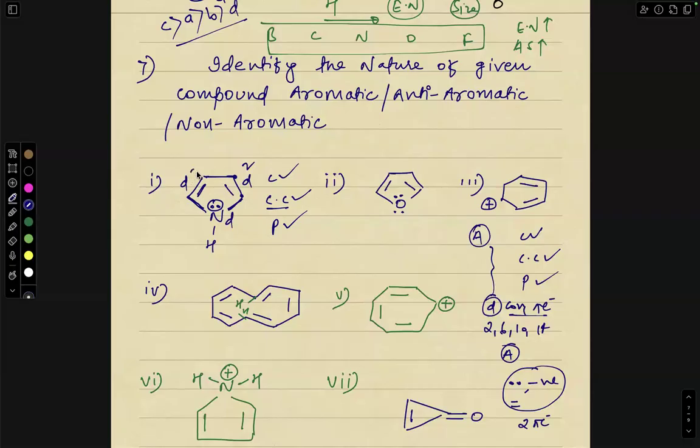So 2, 2, 2. We have 6 conjugated or delocalized pi electrons. And I told you whenever the number is 2, 6, 10, and 14, it would be aromatic. So this is aromatic. Makes sense, the very first case? Perfect. Now look at the second case. Cyclic, cyclic conjugated, planar. How many delocalized pi electrons? Tell me, everyone.